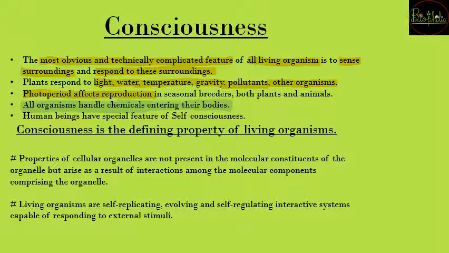Yes, it can be, because consciousness की वजह से ही the cell is going to determine whether the chemical that is surrounding the cell needs to enter inside the cell or it needs to remain outside the cell, and that purely happens because of consciousness present in the cells. And as you know, cells make up the organism, so organisms are going to handle the chemicals entering in and out of their bodies.